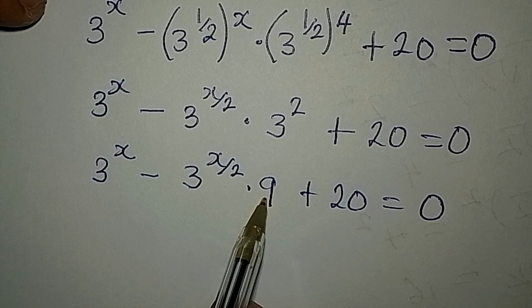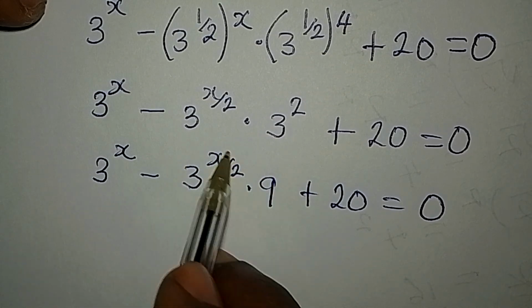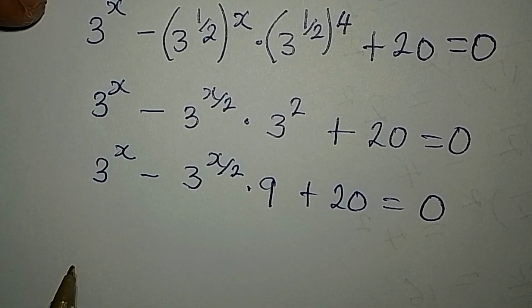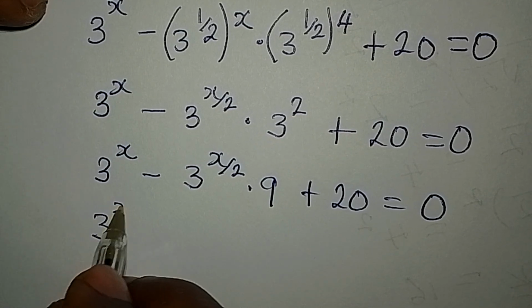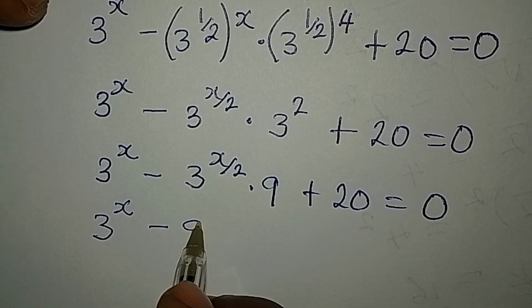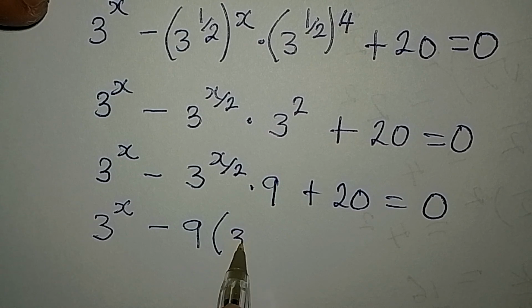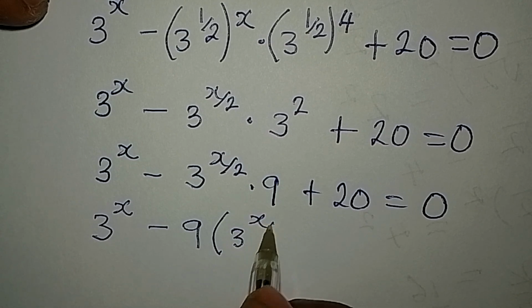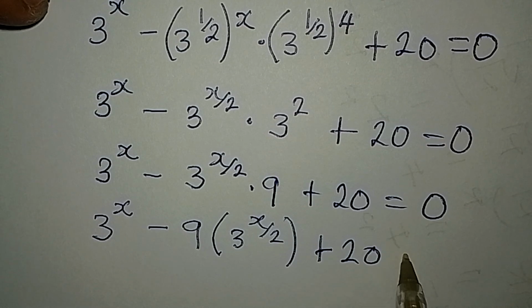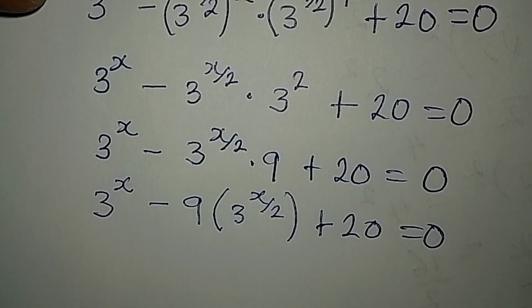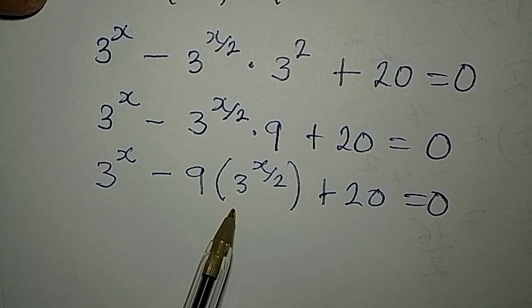Remember, 9 is attached to 3 to the power of x over 2. So we can better write this as 3 to the power of x minus 9 into bracket 3 to the power of x over 2, then plus 20 equals 0. I think it's better we arrange it like this.